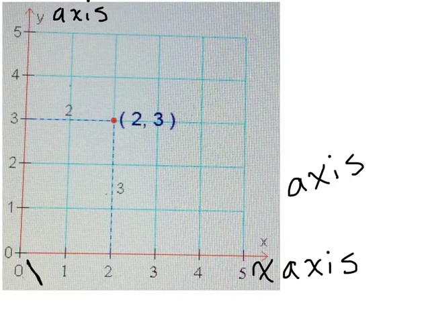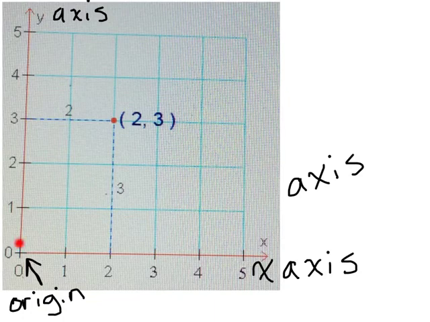The origin is the point 0, 0 on the graph. The origin means that an object has not moved from the center of our graph. Now, we find the location of an ordered pair first by finding its location on the x-axis, or counting how far over it is. 1, 2, to this point.